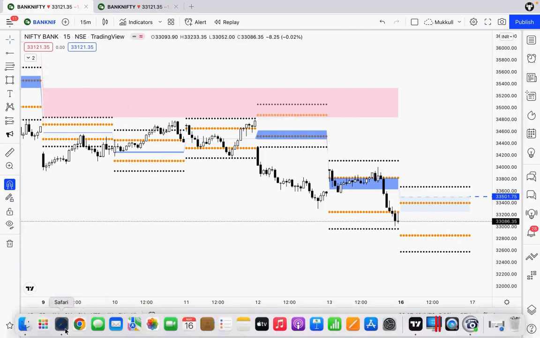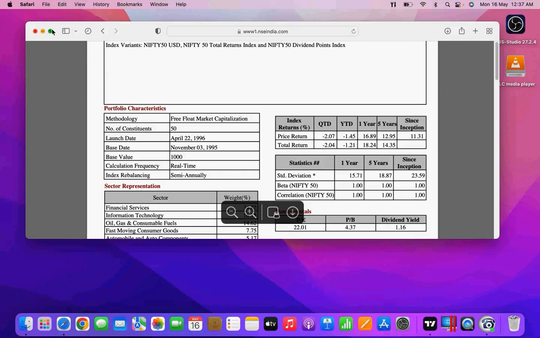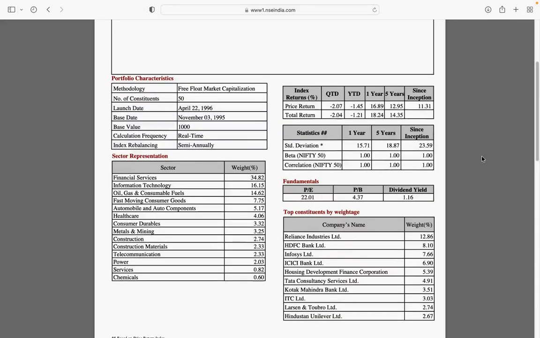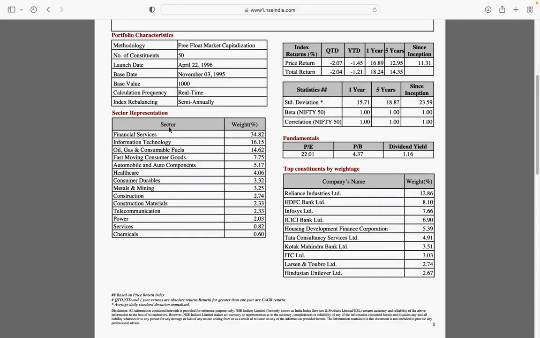Okay, which sectors can help Nifty getting revived or Bank Nifty getting stronger. I have just downloaded this indexogram PDF from the Nifty 50 website, currently updated on April 29, 2022. So we'll directly move to this sector column and the company names with top 10 Nifty contributors.